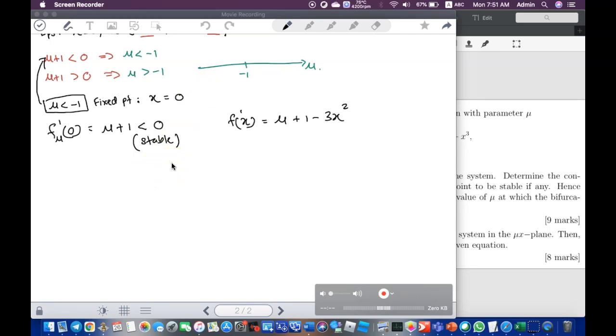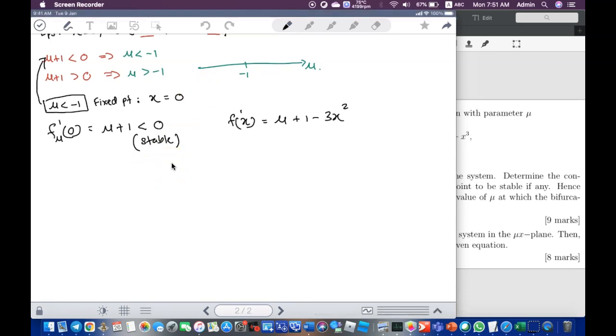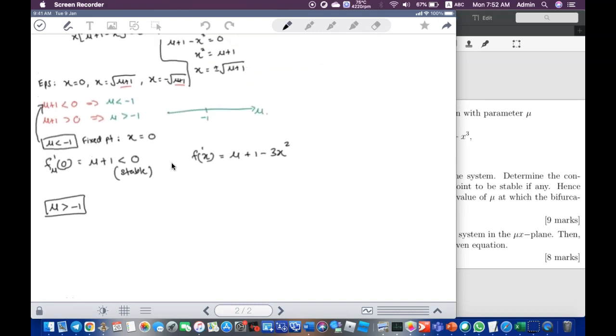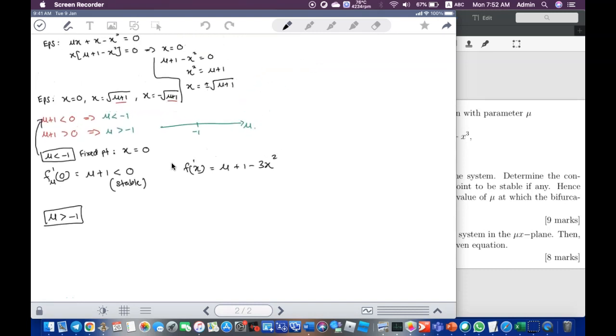Okay, and then the other one, mu greater than minus 1, which is coming from this one. Mu plus 1 is positive.